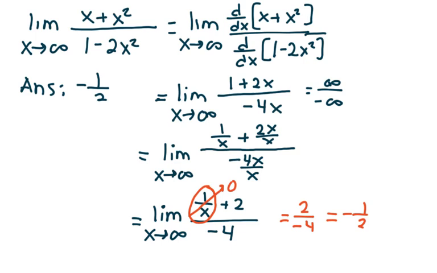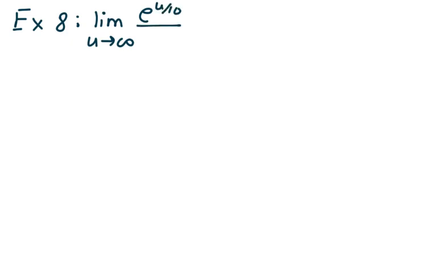Let's go ahead and do one more problem here. We'll call this good on this last problem for this video. If we look at example 8, we're going to do an infinity problem. We're going to look at the limit as u goes to infinity of e to the u over 10, divided by u cubed.